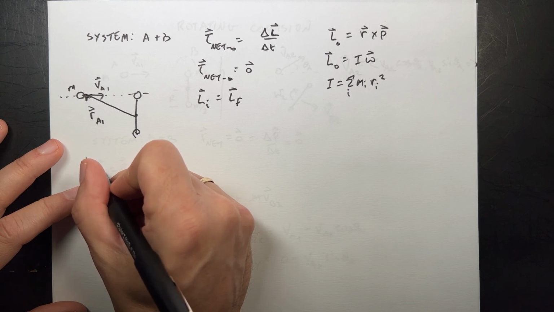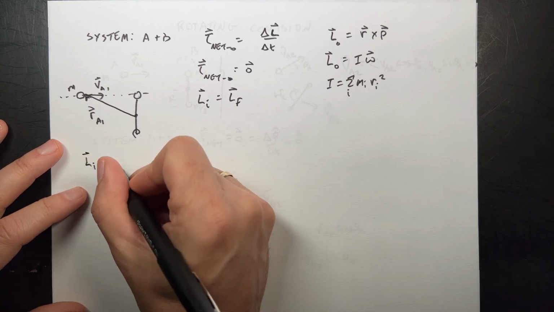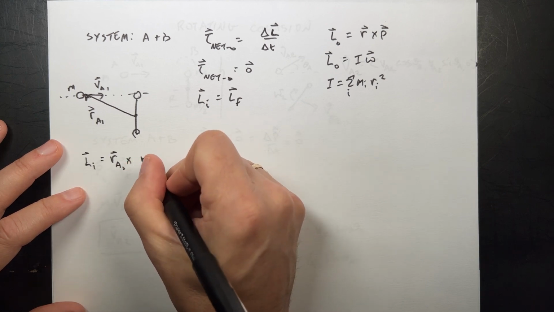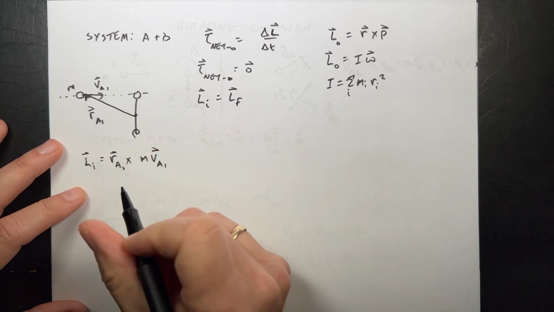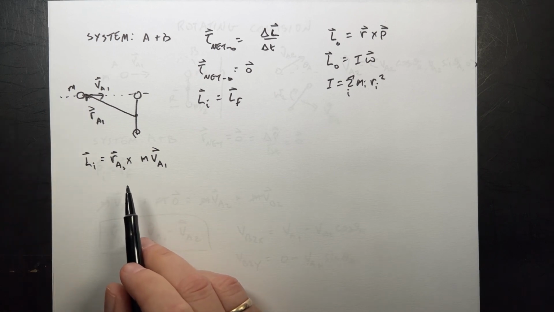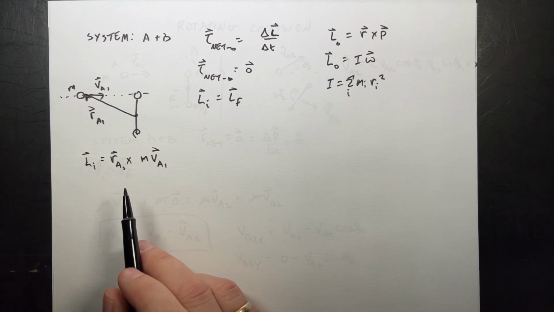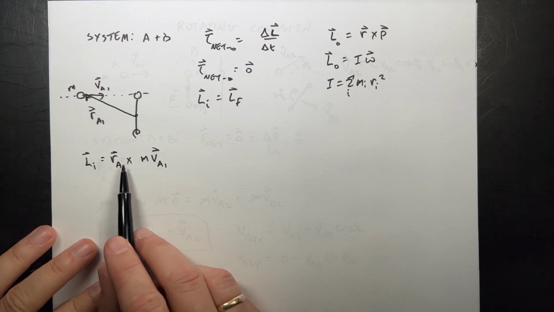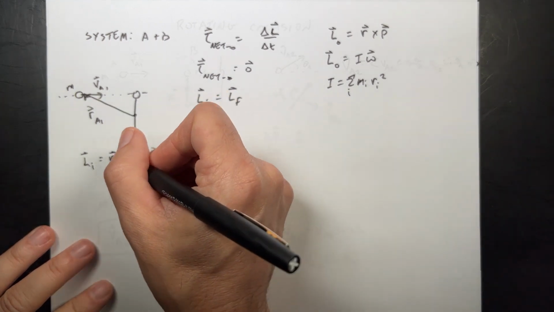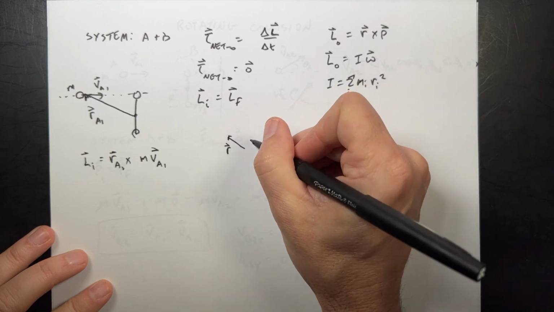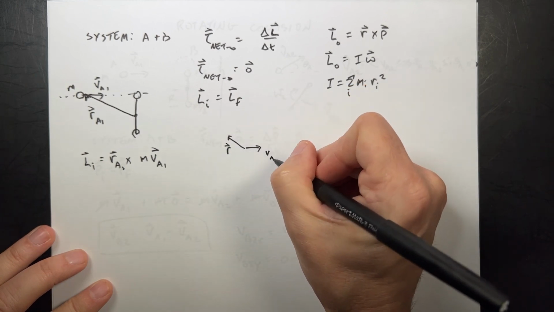L_i is RA1 cross M VA1, R cross P. Now the cross product, if you remember, the direction of the resultant is perpendicular to both R and VA1. So let's just draw that right here. Here's R, and then here's VA1.